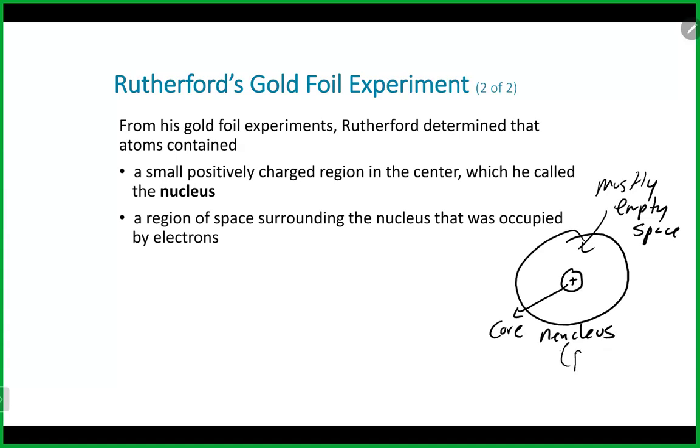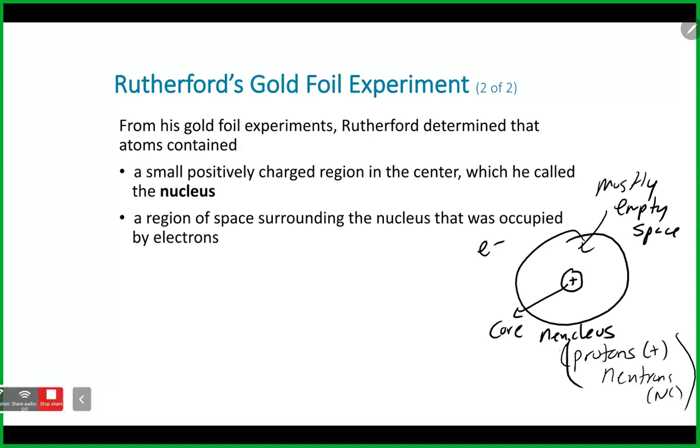And inside the nucleus, that is where we find protons, which are positively charged. And later on in like the 1930s, they discovered neutrons are also in there. So inside our nucleus are protons and neutrons. Our electrons, which are negatively charged, are actually out in that open space, that empty space. They're flying around in the empty space.